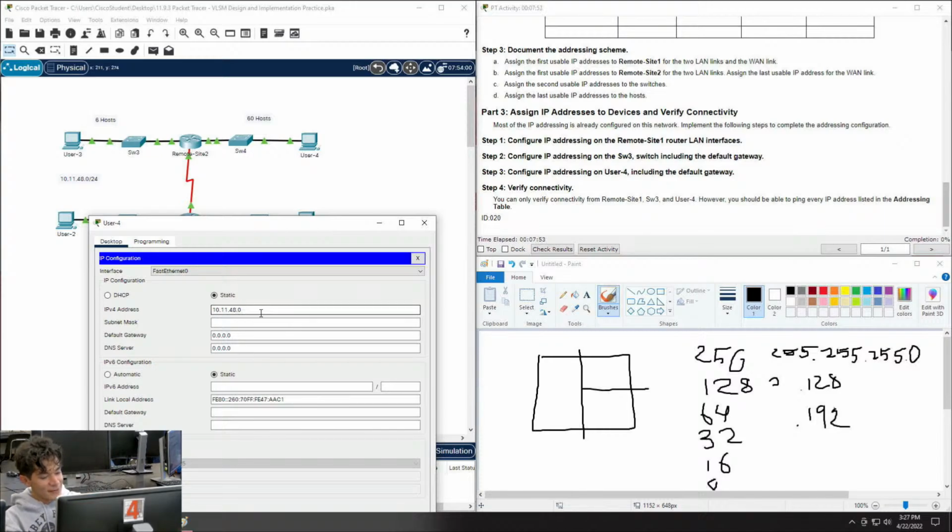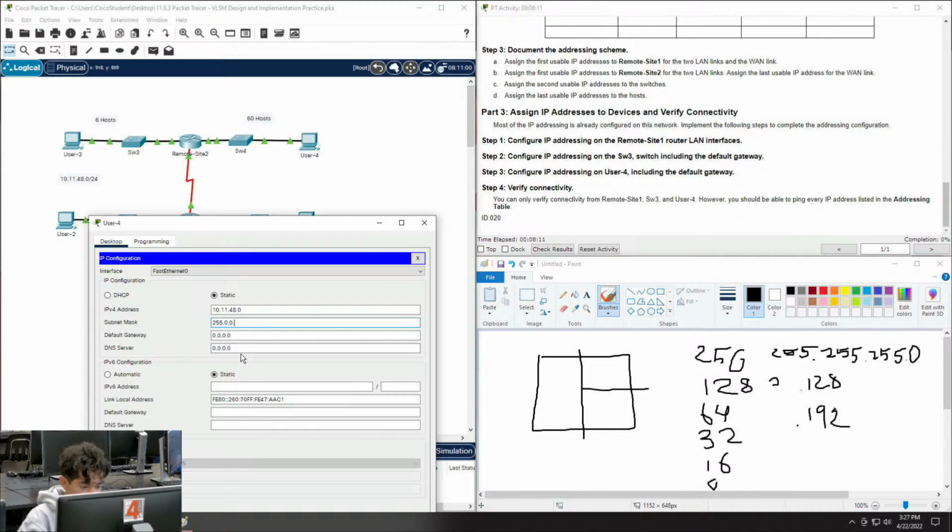And it says right there, it's a /24, which would be this subnet right here. We want to break it into 60 hosts, so a 64 subnet, and that would be a /26.